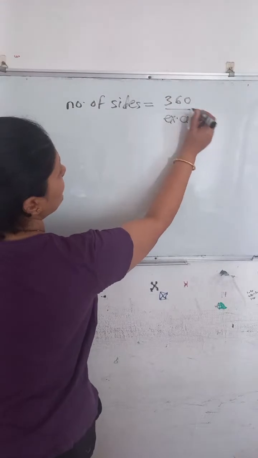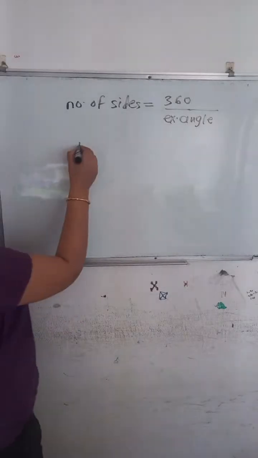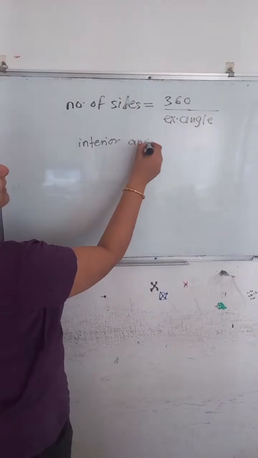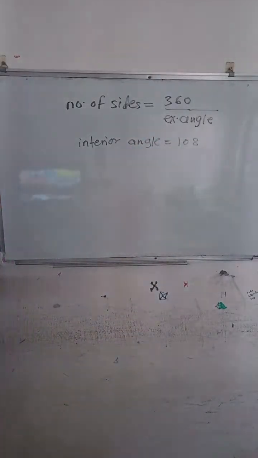This is the formula we have in the textbook. But here they gave an interior angle, 108, so you have to calculate the exterior angle.